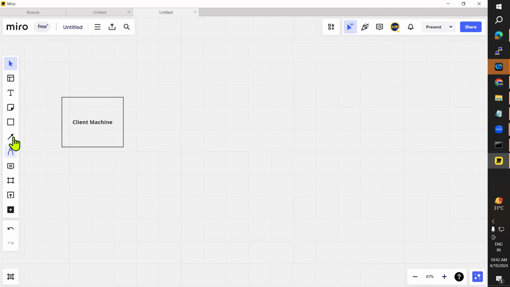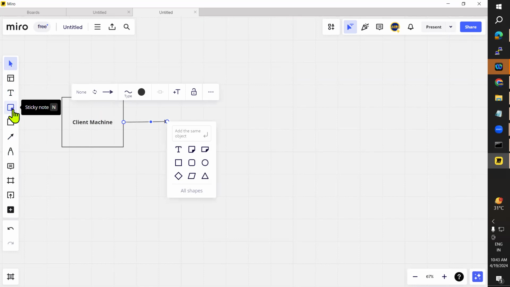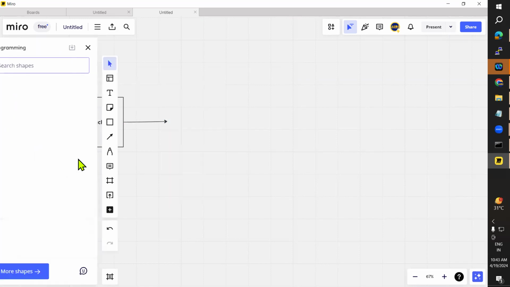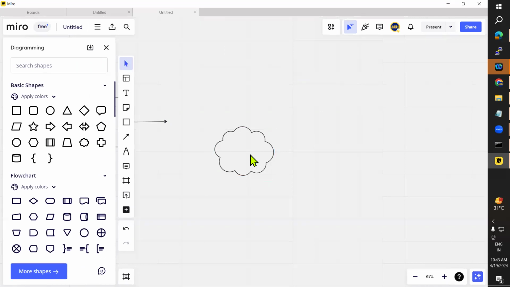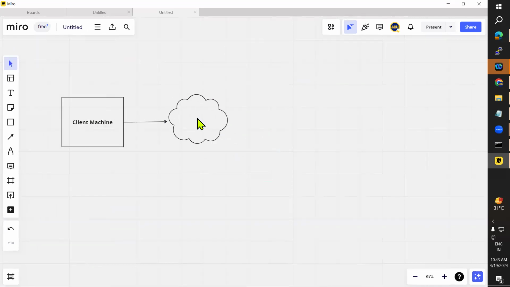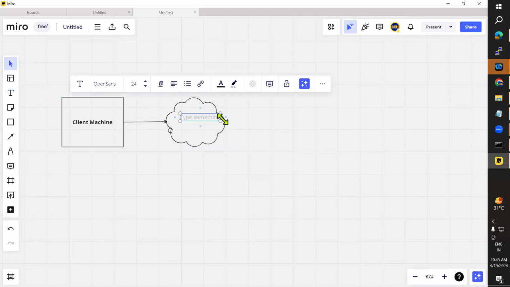If the client machine wants to communicate with the internet, let's say the internet, or if this PC wants to communicate with a public network or any computer, this is the internet, WAN, public network, we can call it public network.